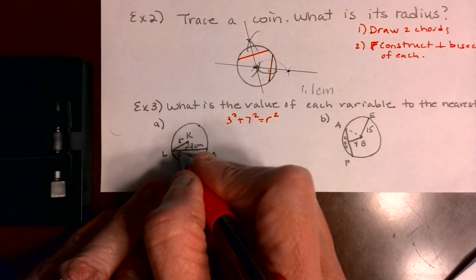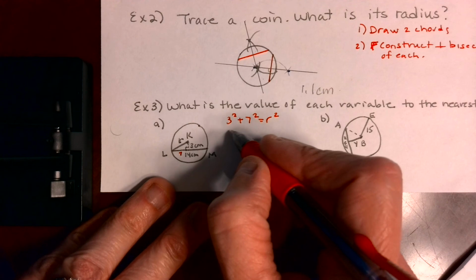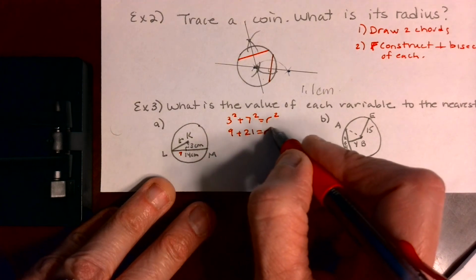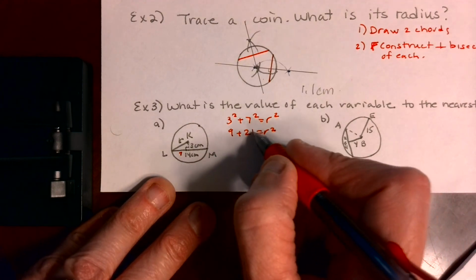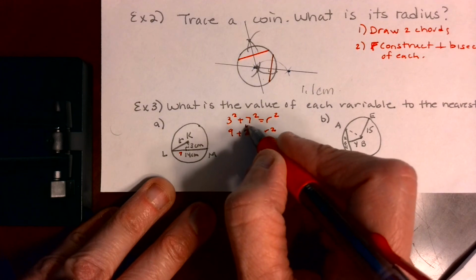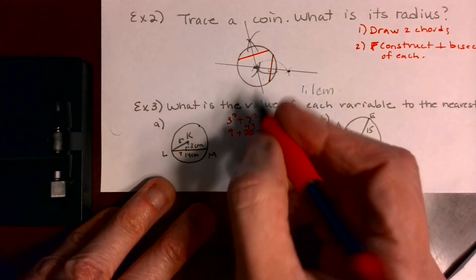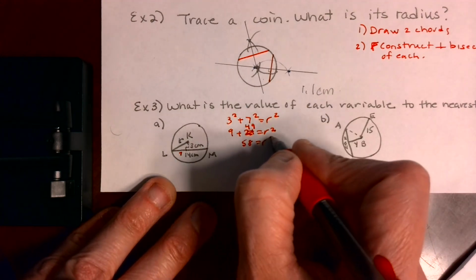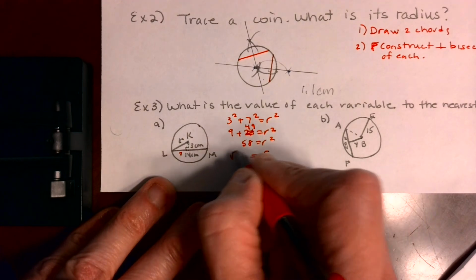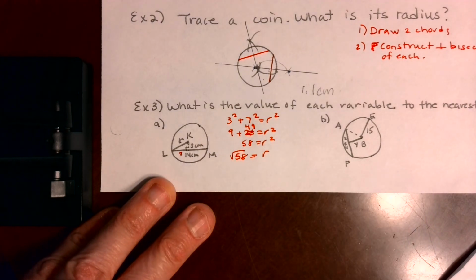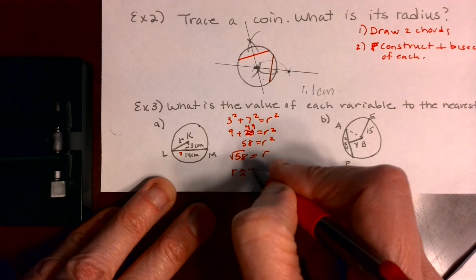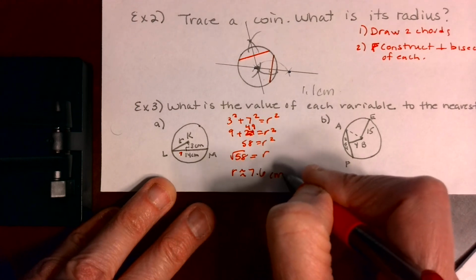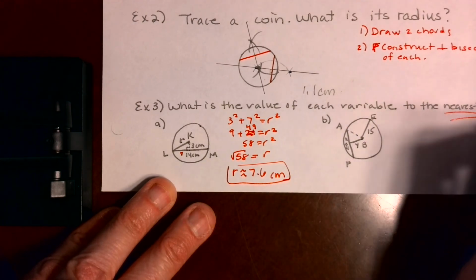This is 7. 9 plus 49 equals R squared. 58 equals R squared, and R is the square root of 58, which comes out to 7.6 centimeters, because it says nearest tenth.